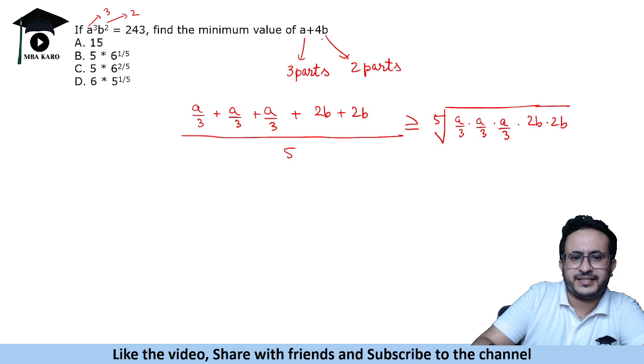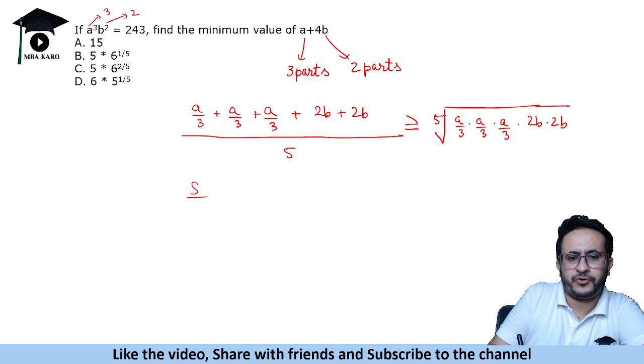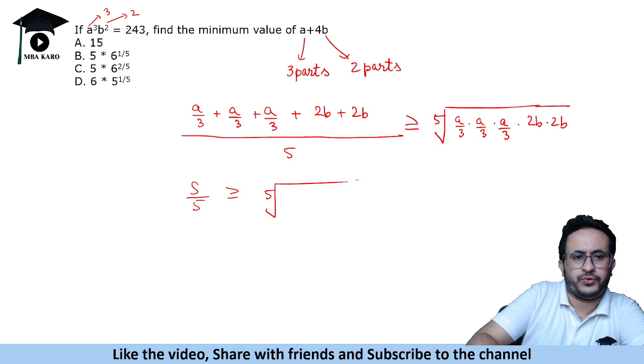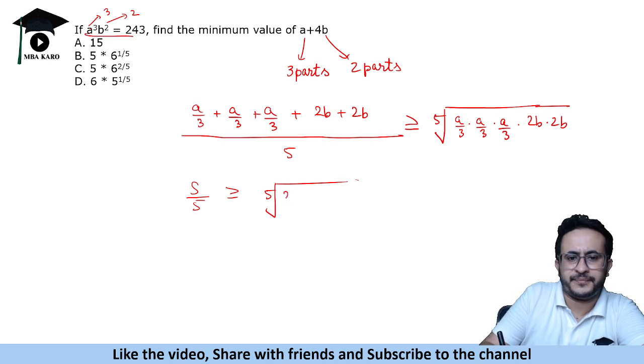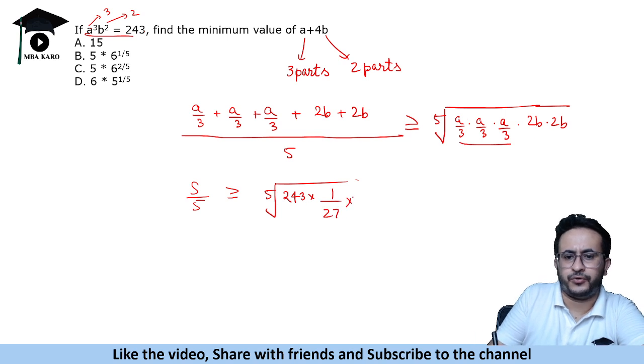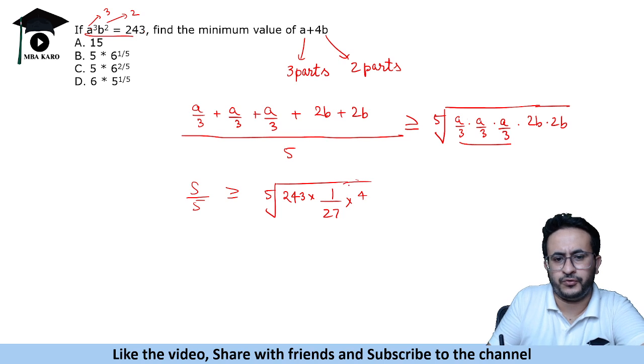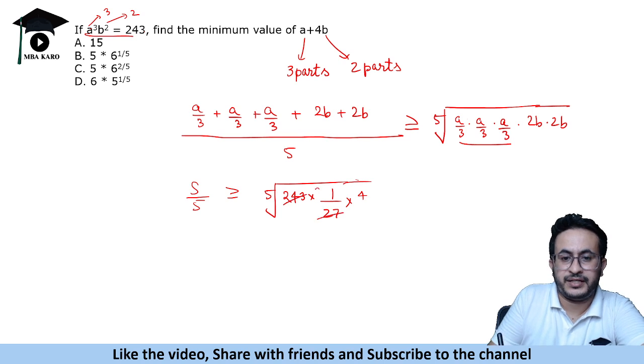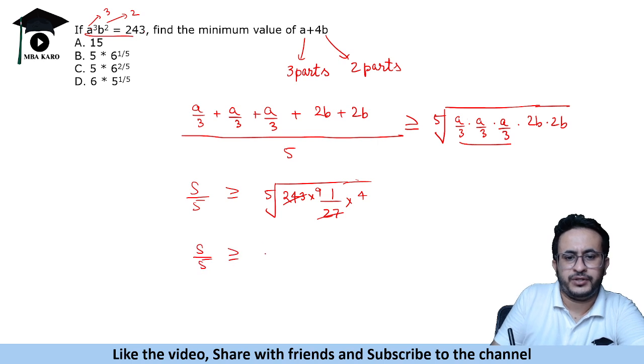Let us say this sum is s, so s upon 5 is greater than or equal to the fifth root of, now a cube b square is known to us, a cube b square is 243, and now we will use these numbers. So this is 1 upon 27 and this is 4, so this is the fifth root of this expression. 9 into 4 is 36, so s upon 5 is greater than or equal to 36 to the power 1 by 5.